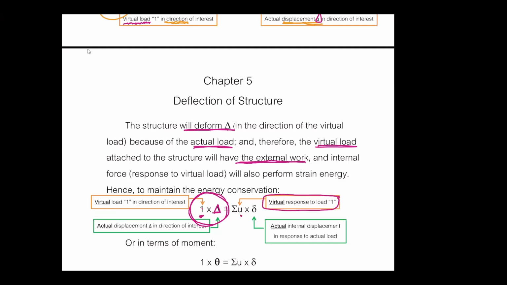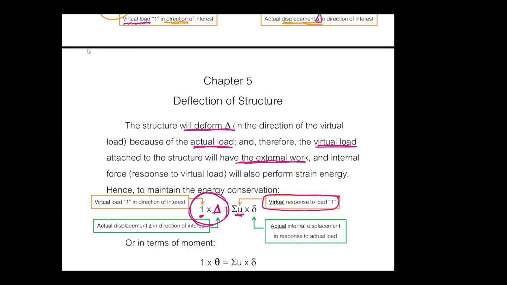We call it U for now. U is not actual. It's the virtual response of your structure due to the fact that you attach the virtual load on it.